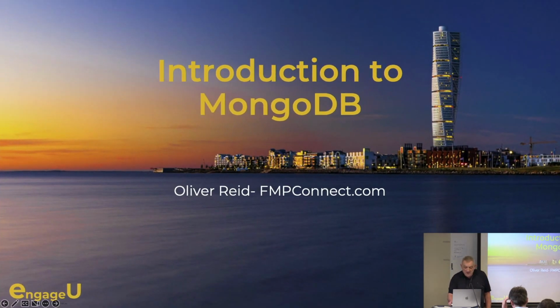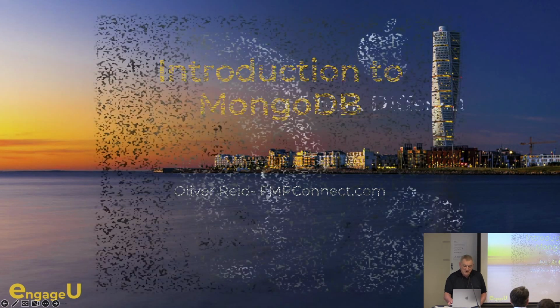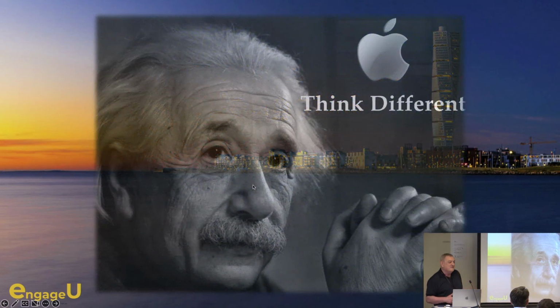But if you have worshipped at the altar of fourth normal form and been a good person all your life with FileMaker, you're going to have to make some adjustments in thinking and drop some paradigms. In fact, to borrow a phrase from Apple, you're going to need to think different.